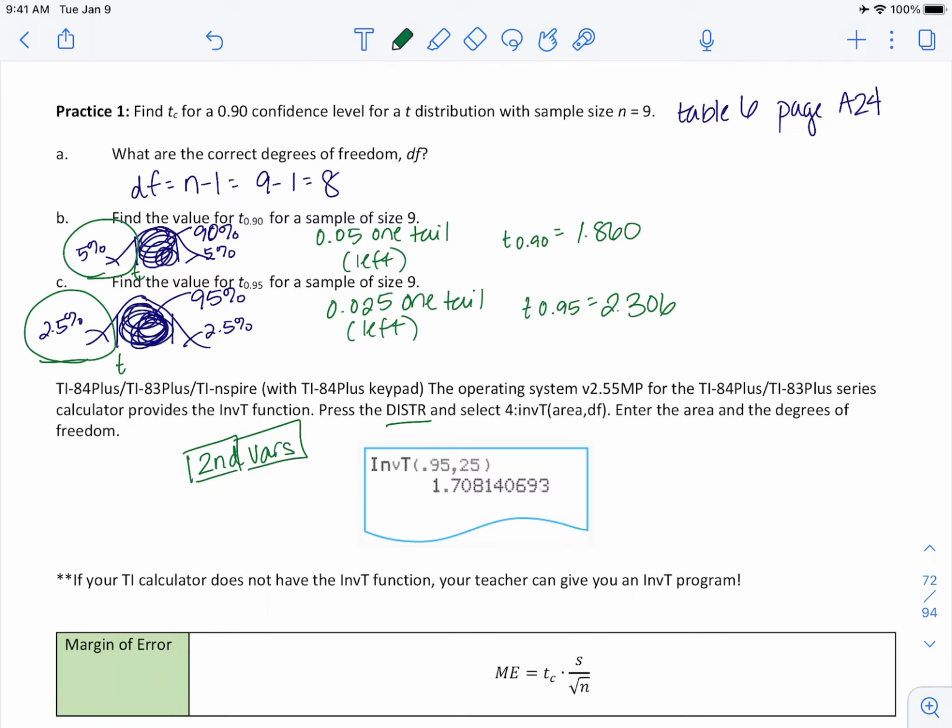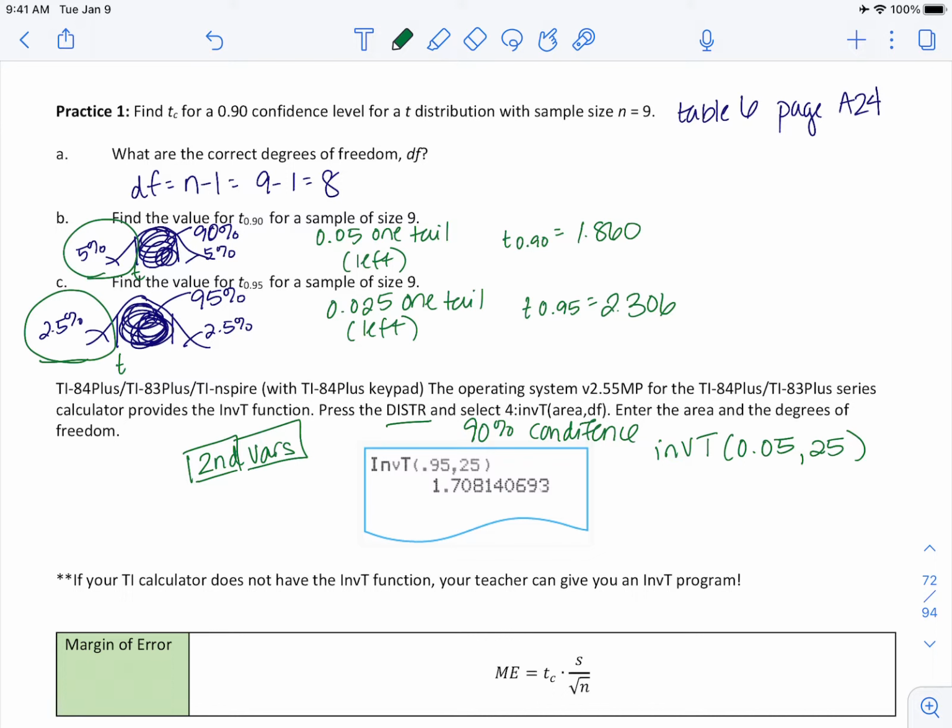And so when we're doing this, if, for example, we're doing the 90% confidence one, then you can do this as inverse t of 0.05, comma, 25. Okay, if this was the same case here. We're putting in our degrees of freedom.